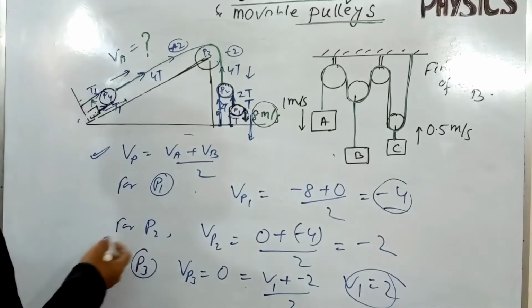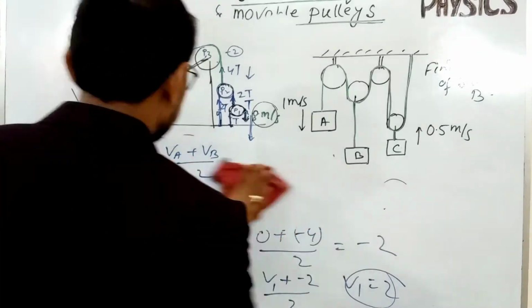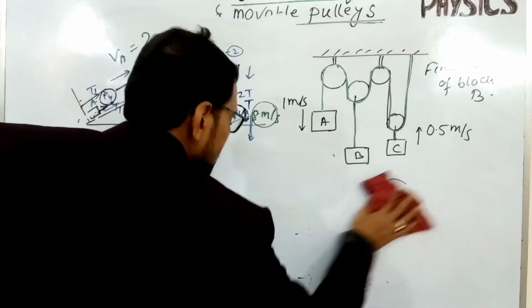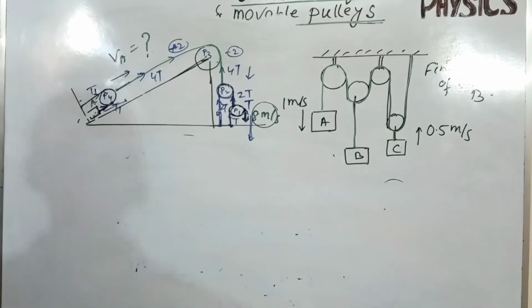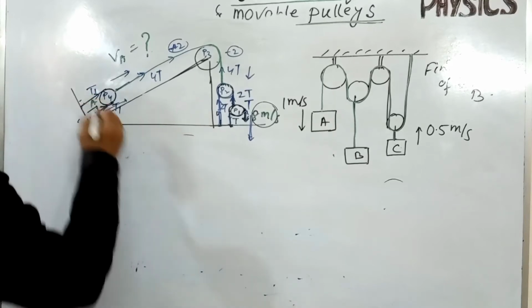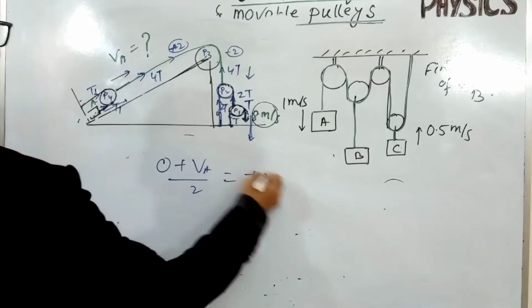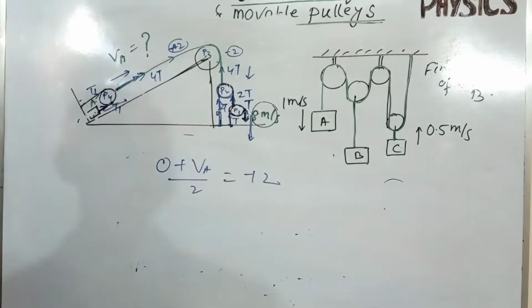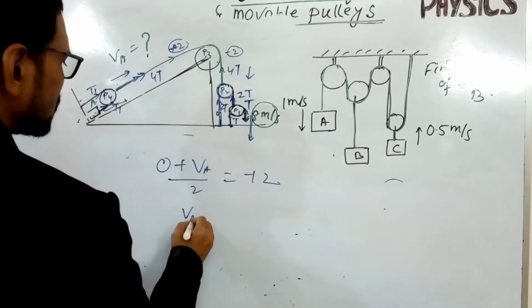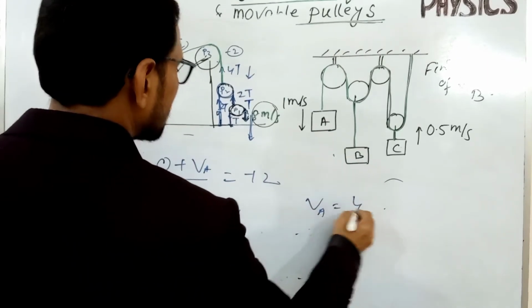Now for pulley P4, what is the result? This is Vp4, this is fixed, 0 plus Va by 2 equal to plus 2. This is the velocity of pulley P4, plus 2. So Va equal to 4. That is, block A moves with velocity 4 upward.